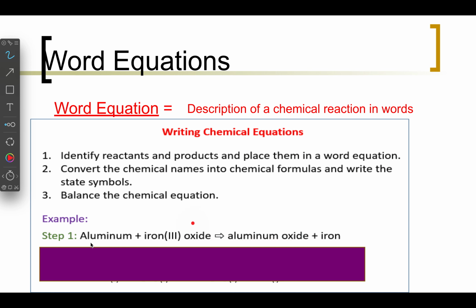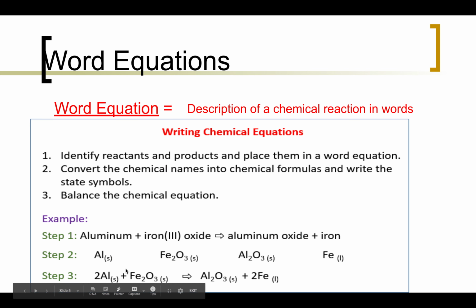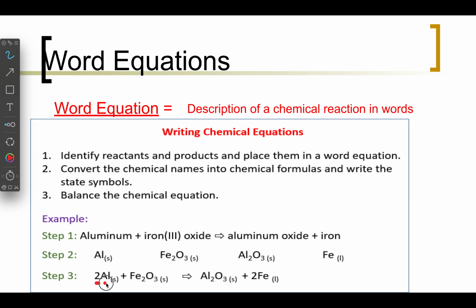And so if we want to turn these words into more of an equation, right? So an equation meaning we have the actual letters and numbers versus the words, right? So we don't want the words, we want the letters and numbers when we're writing an equation. So just like in math, right? You're looking for letters and numbers, not entire words.